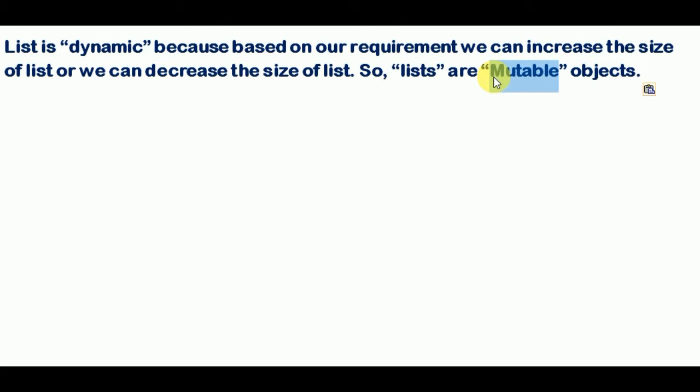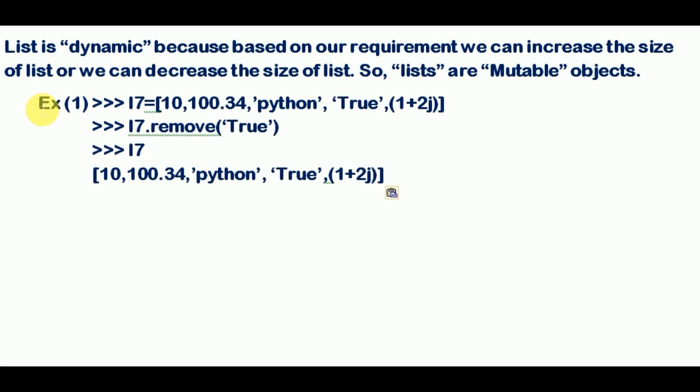So let's take an example here. In this example we have one variable, L7, that contains a list. In this we use a method that is remove. Inside the remove we have to erase or remove the element True from the list.